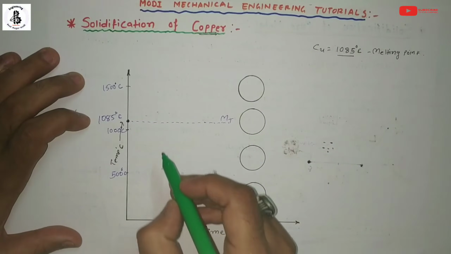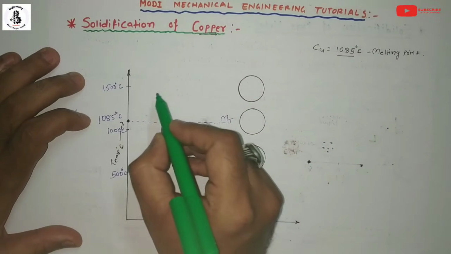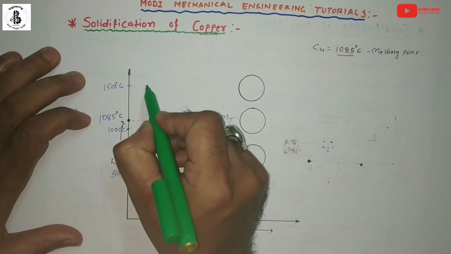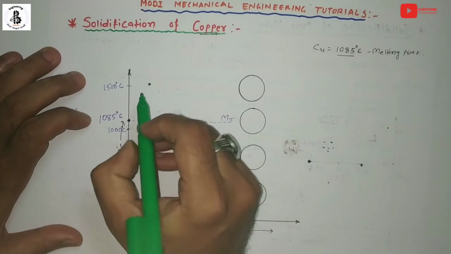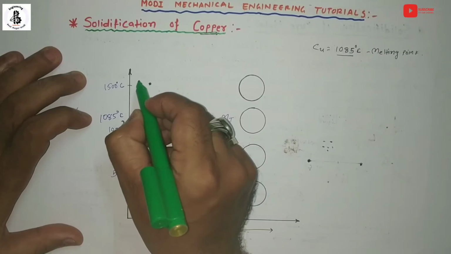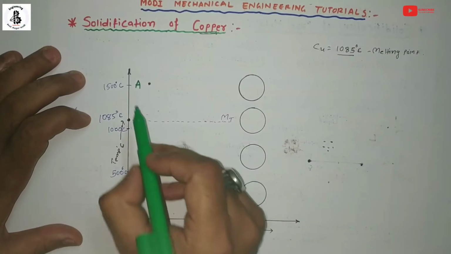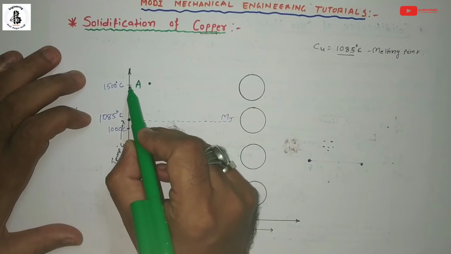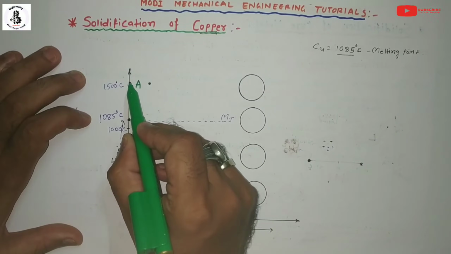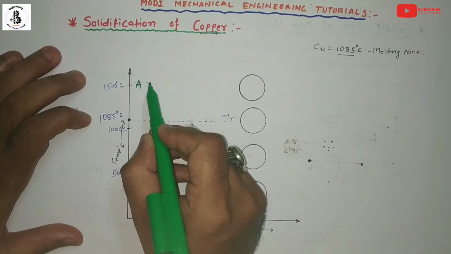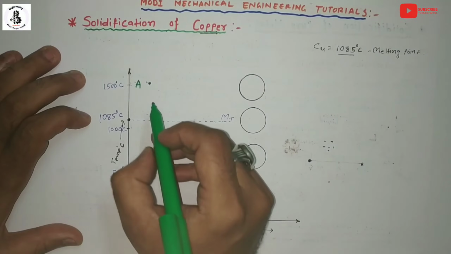According to the solidification process, above the melting point, at this point, which is represented as point A, at around 1500 degrees centigrade, the copper is in the form of liquid.